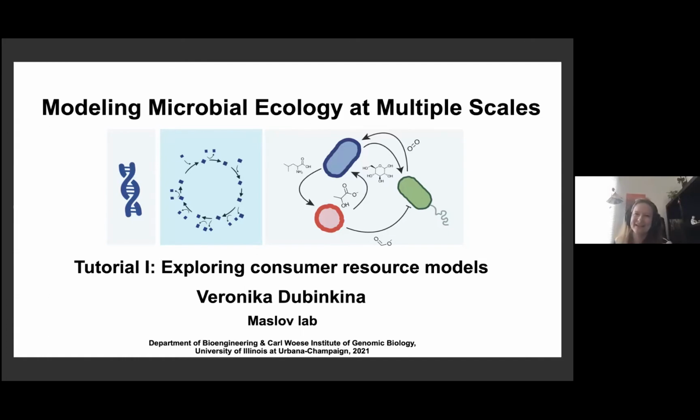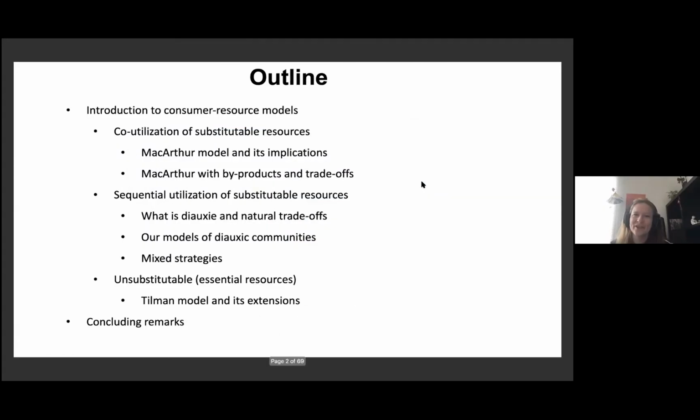And for the first tutorial, as I got this honor, I'm going to mostly describe to you the core assumptions for those models and the most popular ones, because what I'm working on is mostly extensions of those models. So I don't think it makes a lot of sense to describe our models from the start. So let's just start with a general intro.